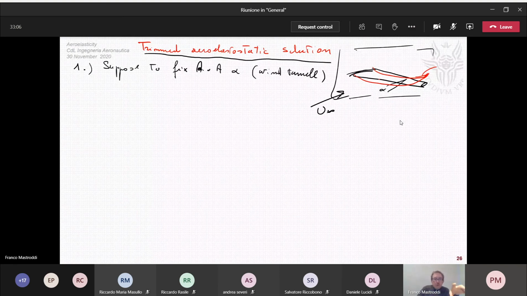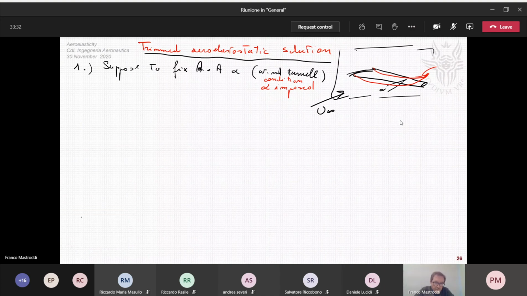So at first level we don't want to consider the flight dynamic trim of the aircraft. The angle of attack is imposed. This is wind tunnel condition: alpha imposed. This is not standard for an aircraft.